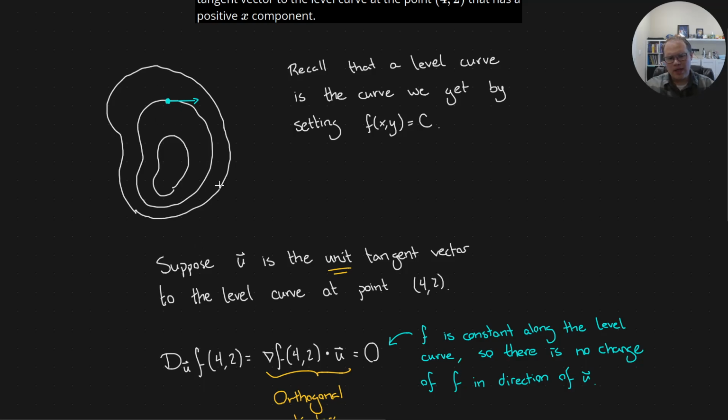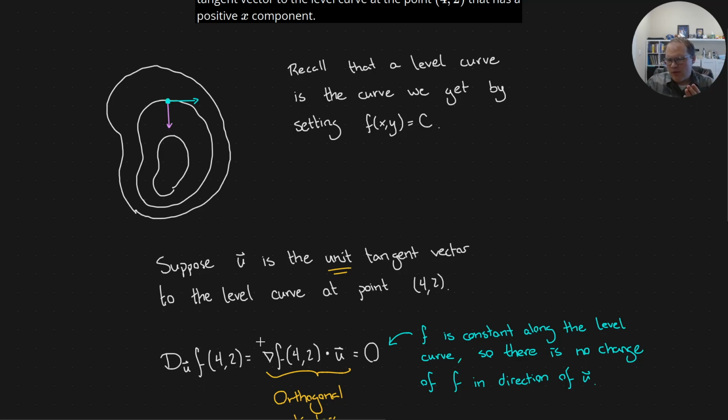Because the gradient is the direction where the function increases the fastest. So maybe the function is increasing the fastest going this direction. Okay, it generally increases. If you want to increase the fastest, you want to get away from this constant level as fast as you can.